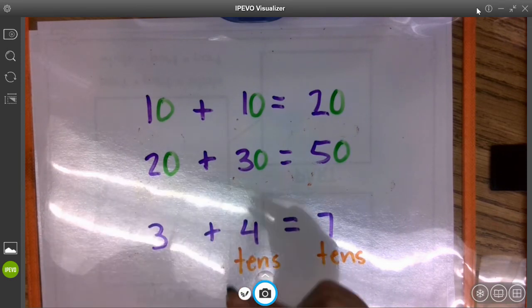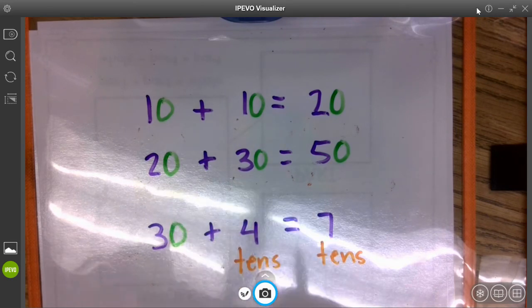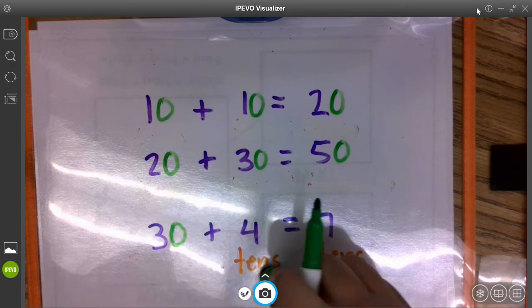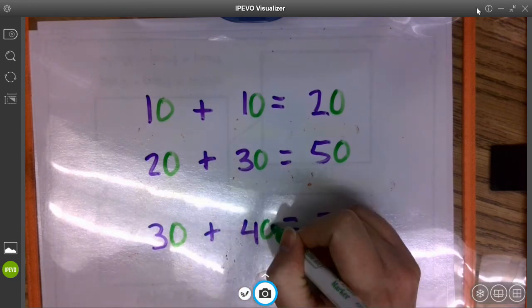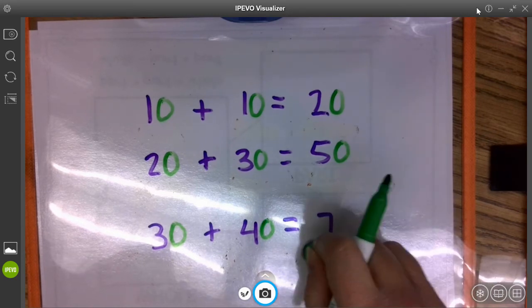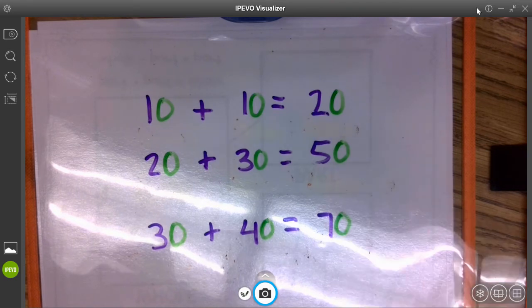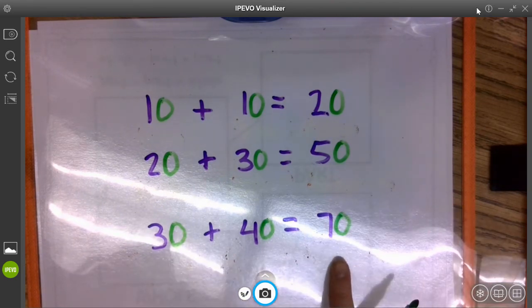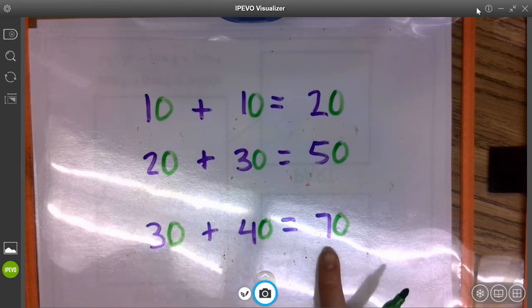Okay, we had 3 tens. What number does 3 tens represent? 30. 4 tens? 40. 7 tens? 70. 30 plus 40 equals 70 because 3 plus 4 equals 7.